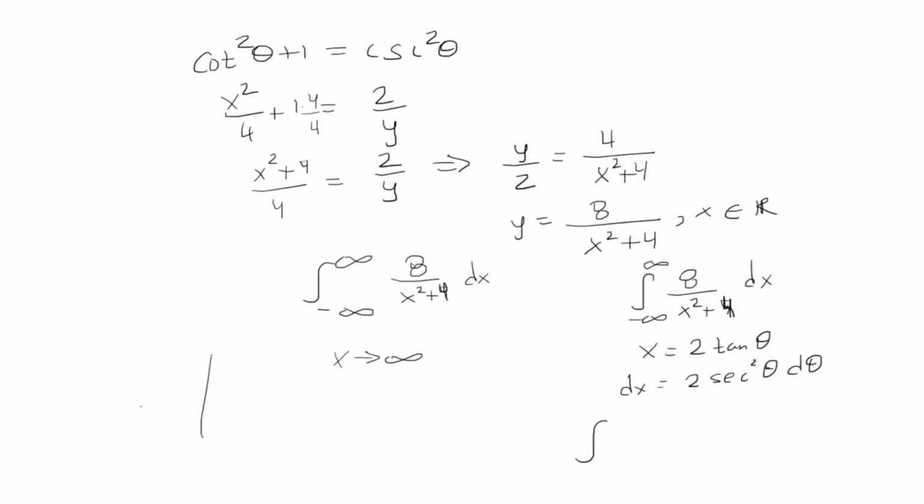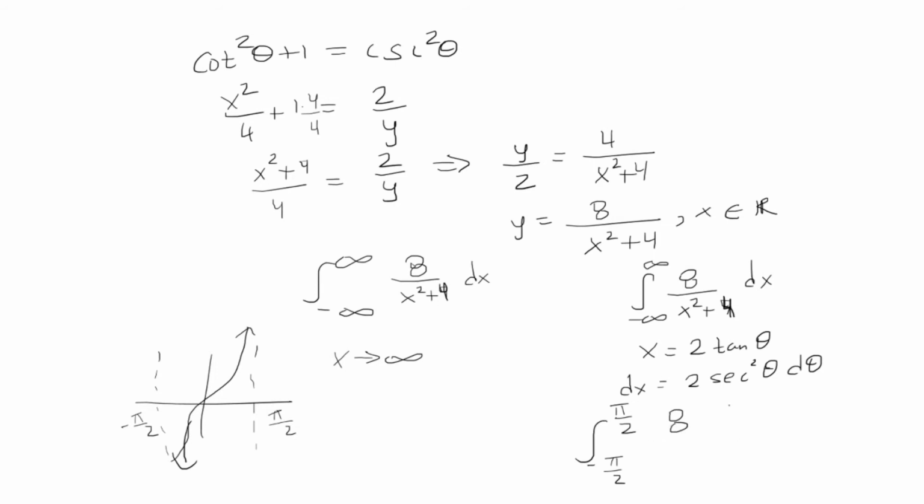Well, 2 tangent theta looks like this. So as this goes to infinity, theta would have to approach pi over 2 from the left. So think of it as just pi over 2. And as x approaches negative infinity, theta would have to approach negative pi over 2. So this would just go from negative pi over 2 to pi over 2.